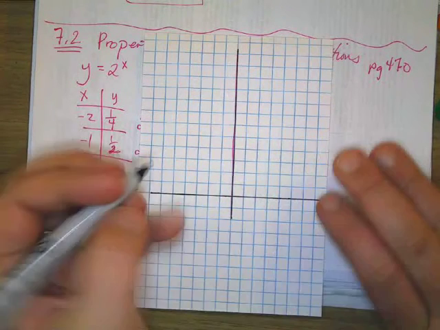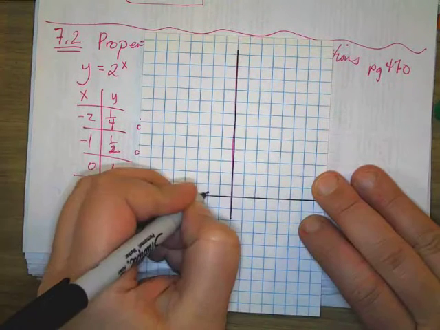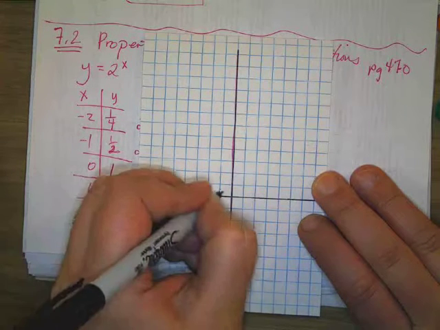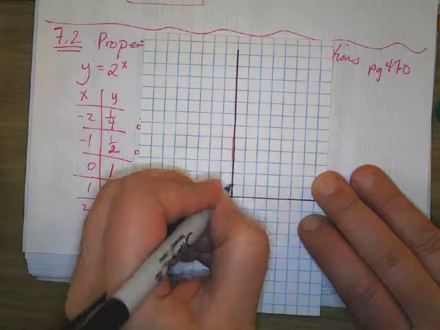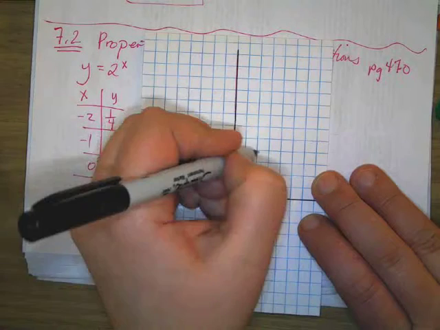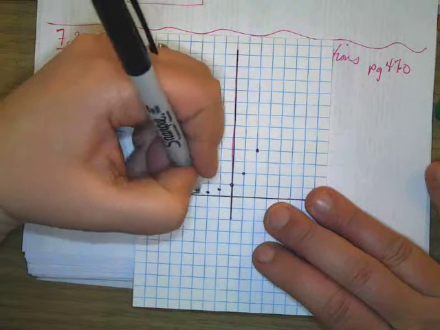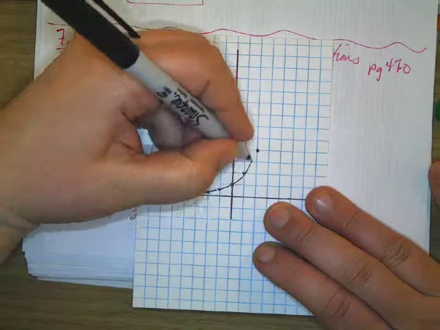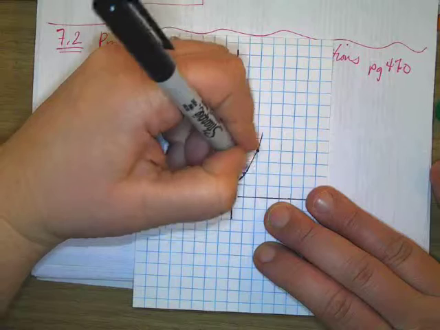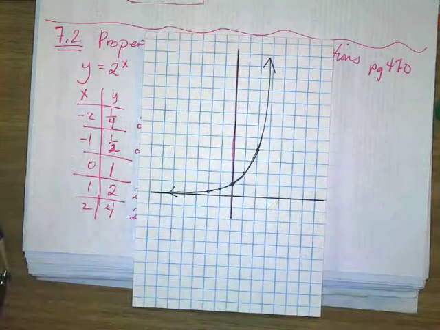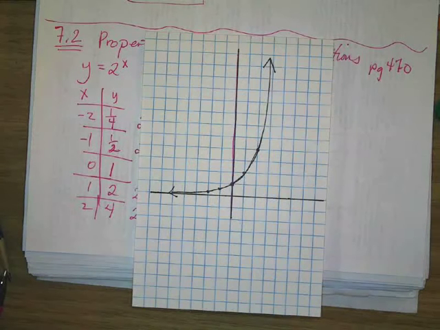So at -2, we were at 1/4, so that's like right down there. And the -1 was 1/2. 0 was 1, 1 was 2, 2 was 4. Are we good with that one?